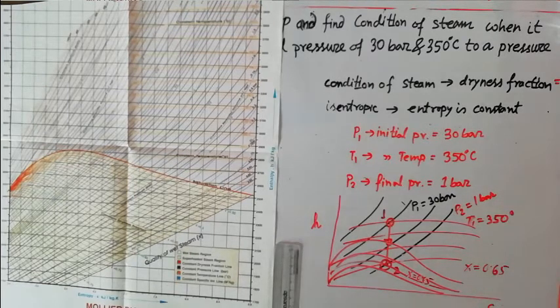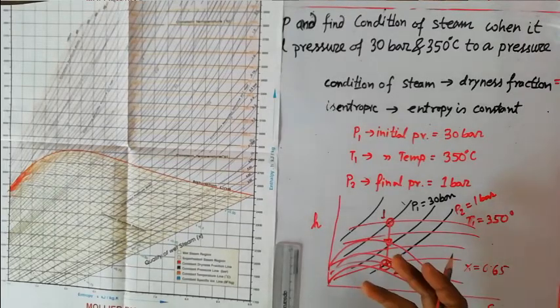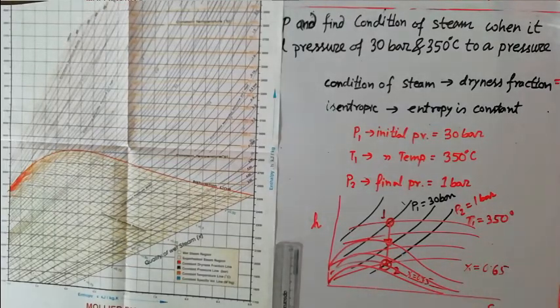That way you can find the value of dryness fraction. By hook or by crook, you have to find how close point 2 is to a particular dryness fraction. If your level of observation is good, then your value will be much more accurate, and obviously it will differ from person to person.